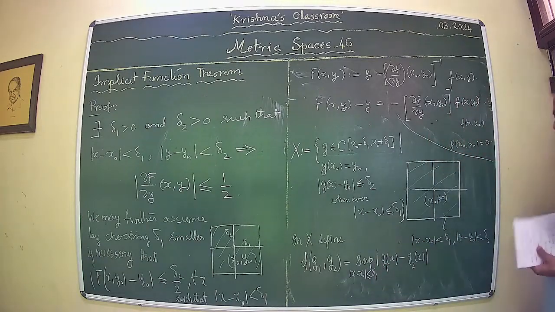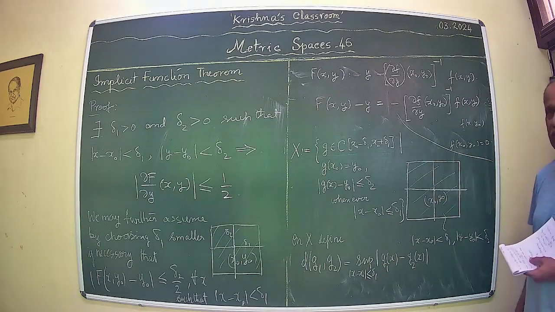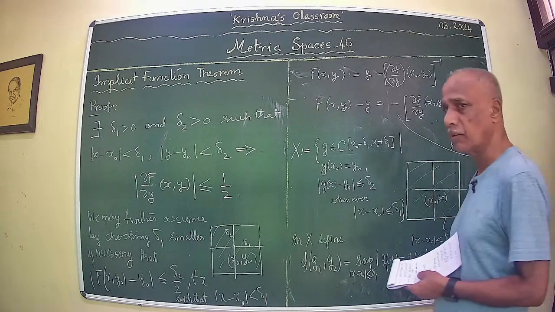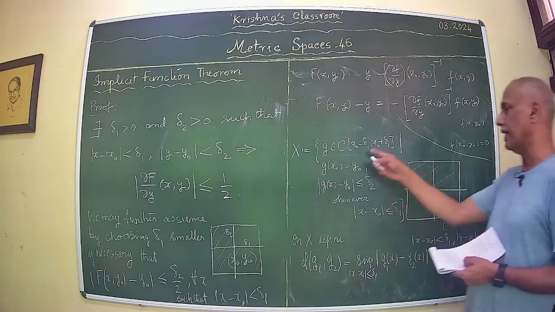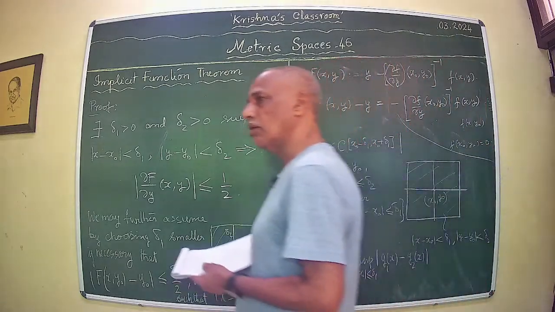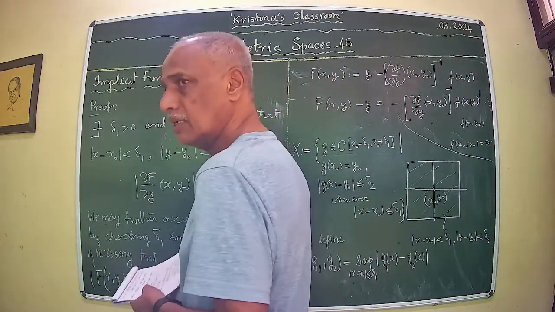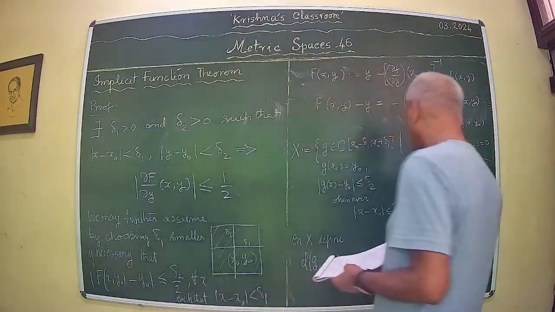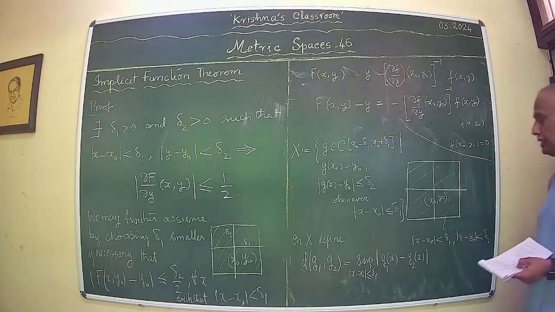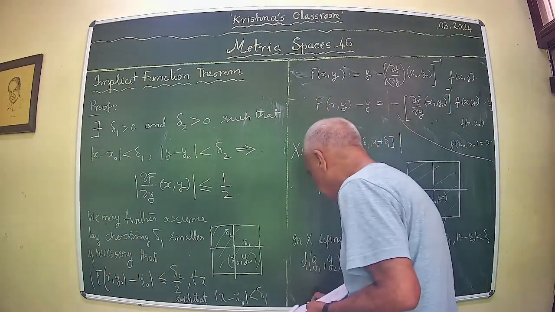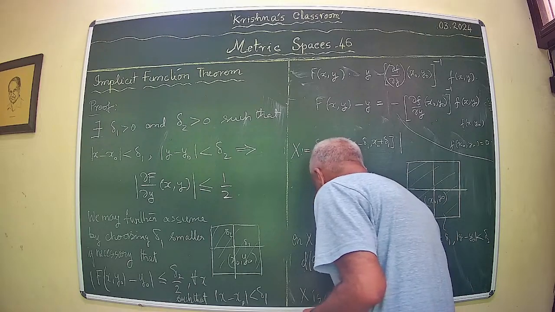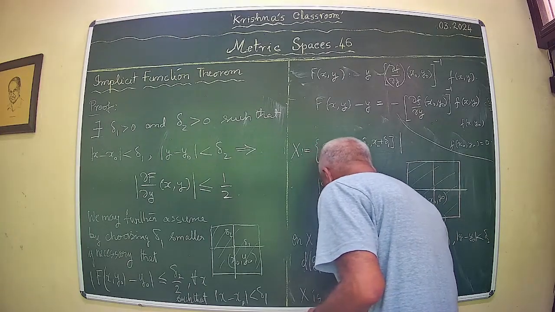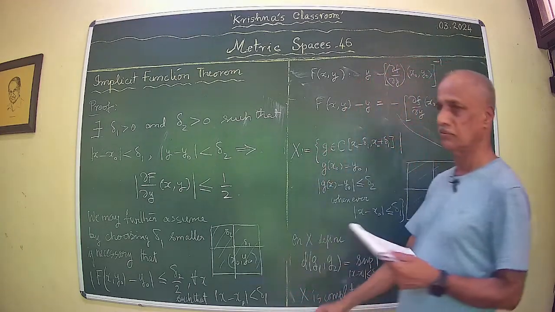This is the usual supremum distance formula that we define on the space. This is a vector space, or it is coming out from the sup norm that you have, and we know that therefore X is complete. That is a precondition.